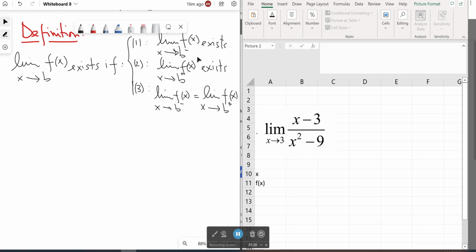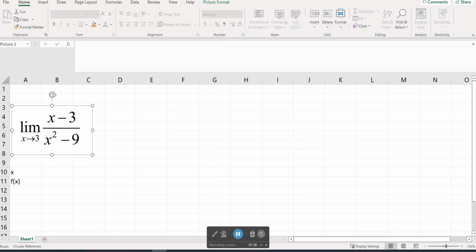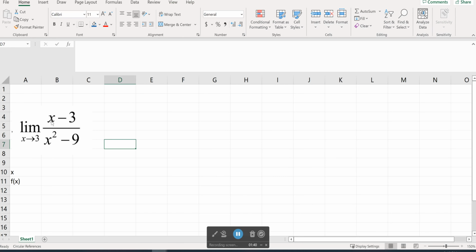Secondly, the right limit must exist, and these two limits must be equal to each other in order for the limit to exist.